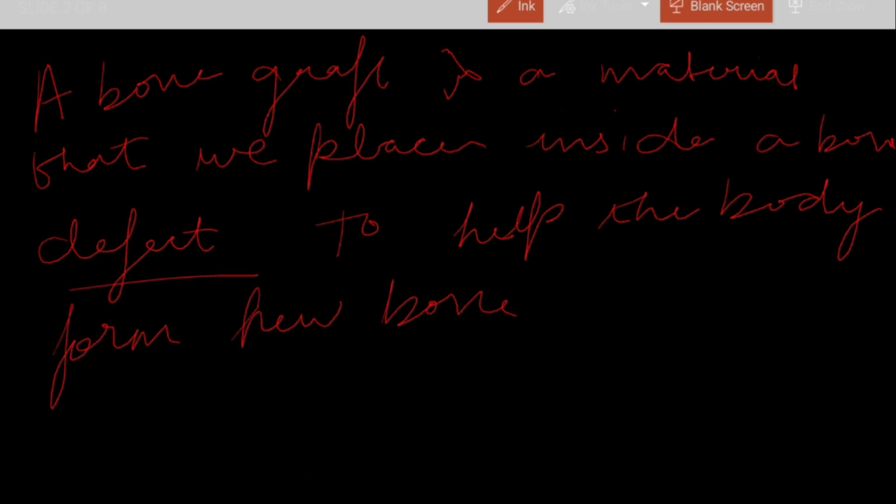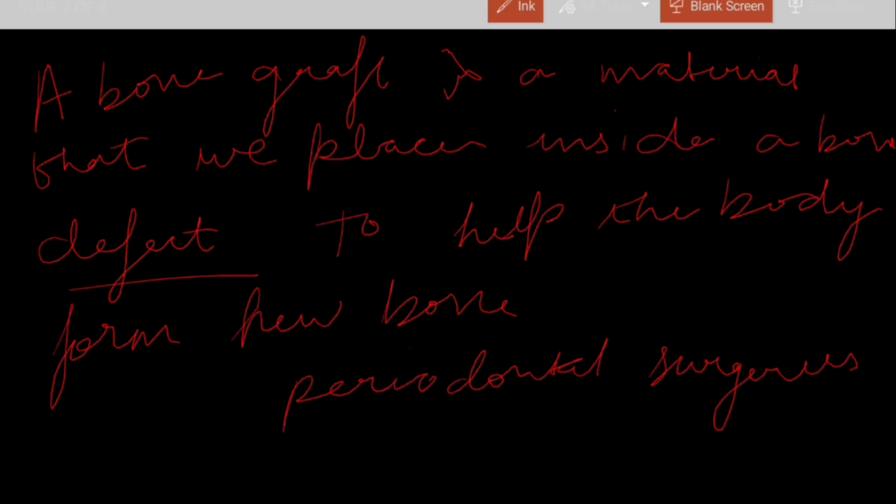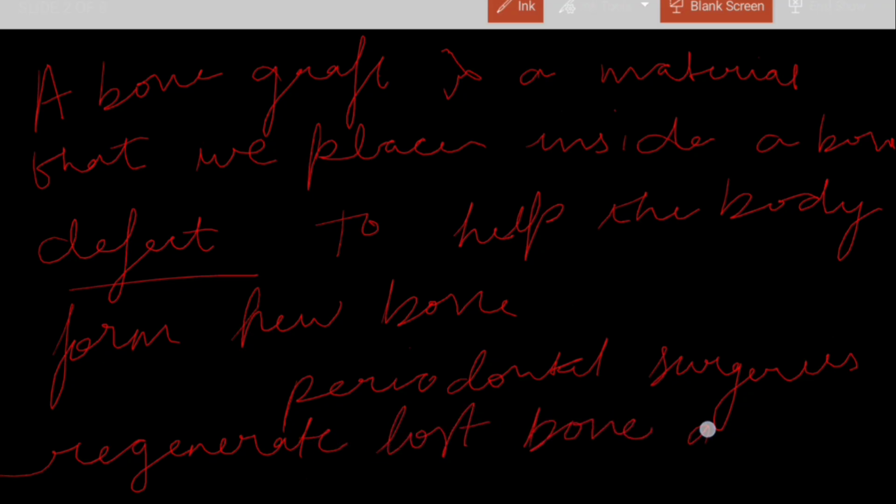It is commonly used in periodontal surgery, especially when we want to regenerate lost bone around the teeth.